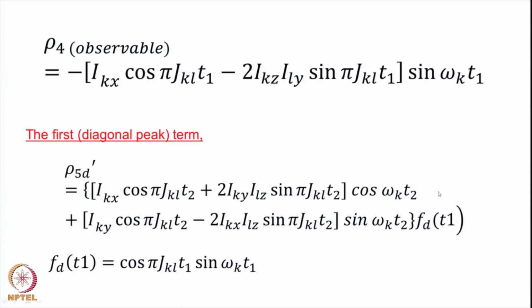And this is the one which is present here, the T1 evolution contribution. FDT1 is cosine pi jkl T1 sin omega k T1, that is this here cosine pi jkl T1 and sin omega k T1.